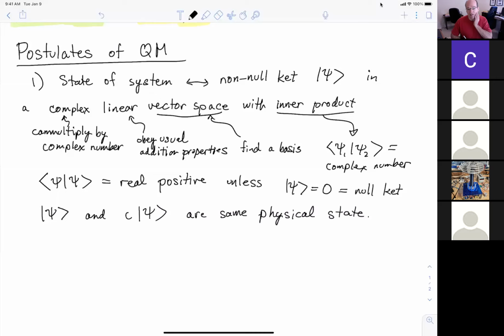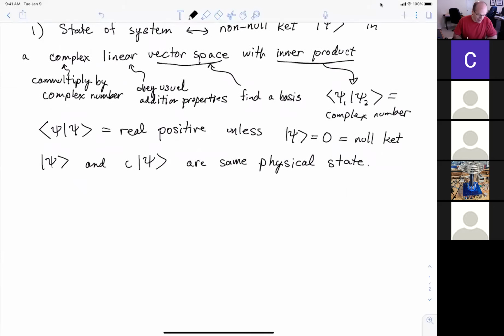Okay, and so you might say, well, then if they're the same physical state, why don't we just decree as a postulate that psi has to have unit norm, because that's often what we do anyway. And some books actually try to do that, but I think that's a mistake, and a tactical mistake, not a mistake that is going to lead to some contradiction.